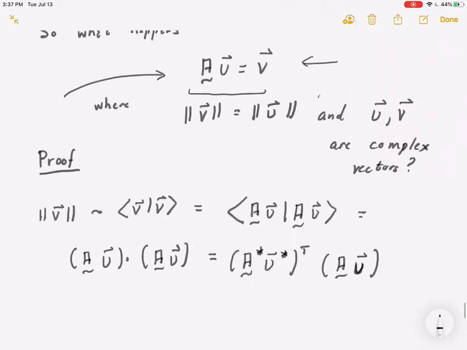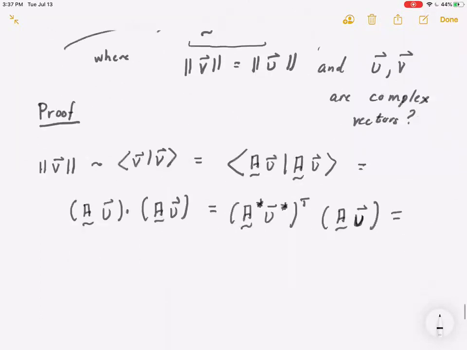So far, all I've done is pay attention to the fact that everybody could be complex here. We've done a similar proof like this before. I know how to evaluate the transpose of the product of those matrices. It's just this. And now I can see where I want to go.